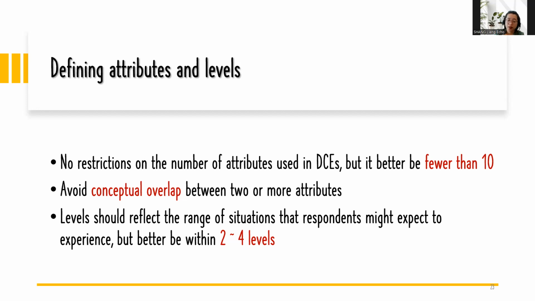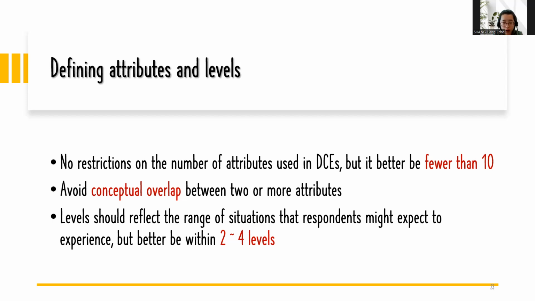And finally, regarding the number of levels that we should have for each attribute, there is also no restriction in terms of how many attribute levels we can have in a discrete choice experiment. But as I mentioned, if we have too many levels, the experimental design will be very complicated, and it will be quite challenging for your respondents to manage the questionnaire.